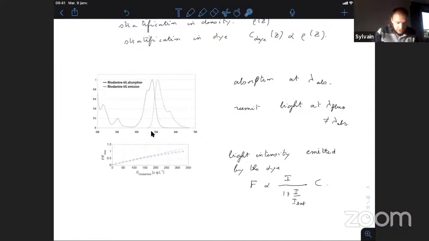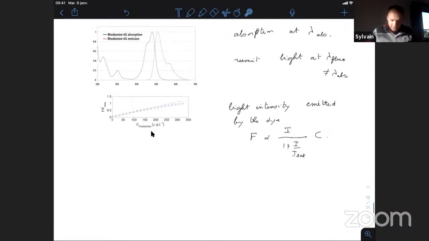If C is too large, you are not linear using this law. So by measuring the intensity of the light emitted by the dye, you can measure C.